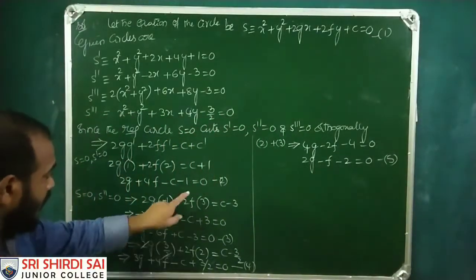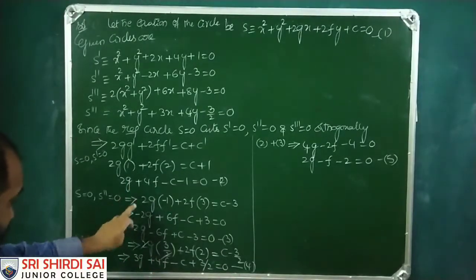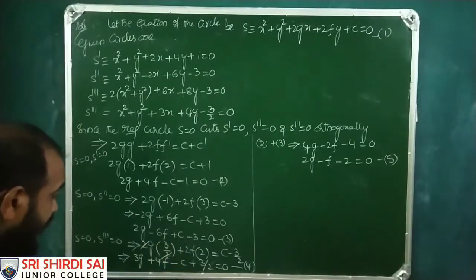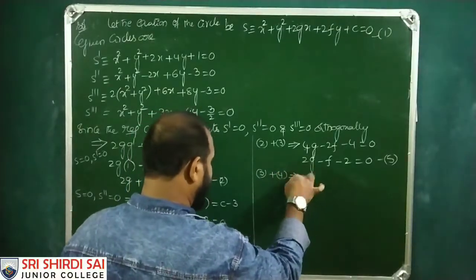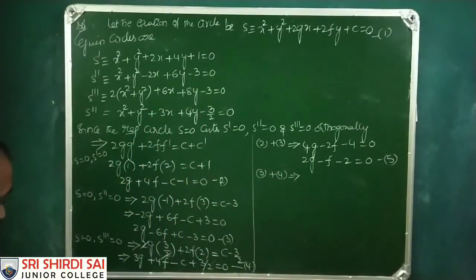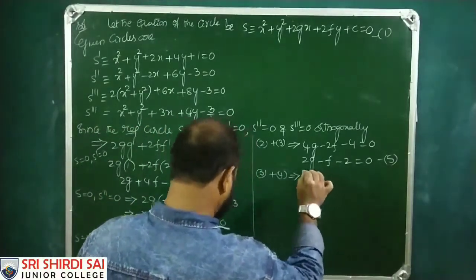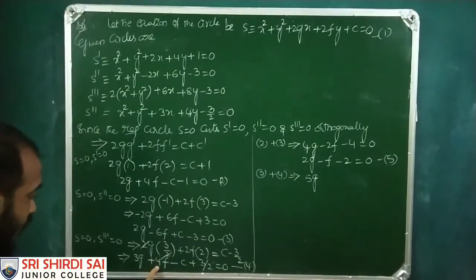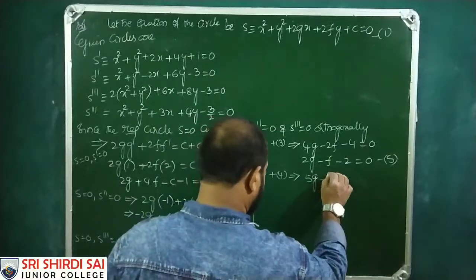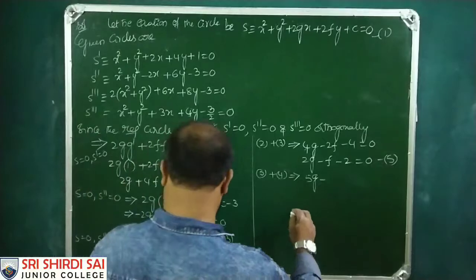Likewise, next, third equation and fourth equation I will add. Third equation plus fourth equation: 2g plus 3g, 5g. Next, minus 6f plus 4f is minus 2f.